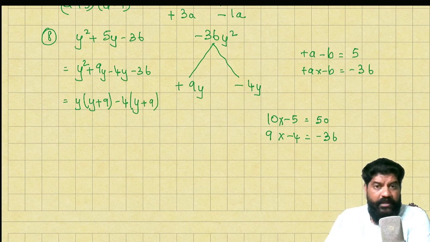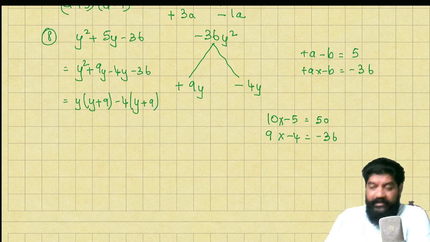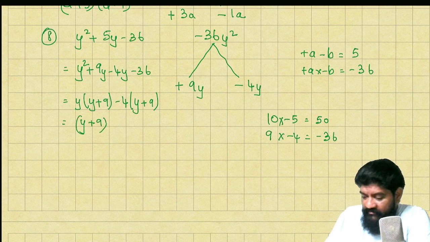Again, how do you check if you're correct? Multiply minus 4 back and see if you're going to get this. You will, because minus 4 into y is minus 4y, and minus 4 into 9 is minus 36. So you're correct. Now you can take a y plus 9 common out. You'll remain with the y minus 4.